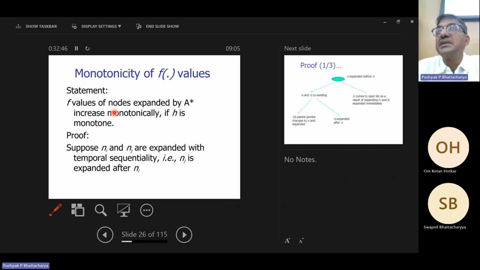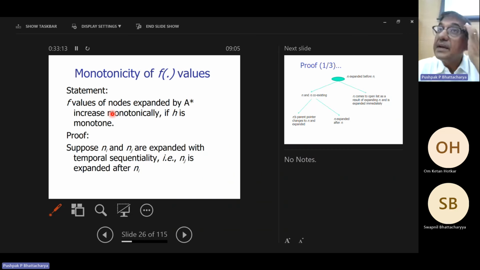I'll send you all the statements which you should verify in the lab. The F-value of any node expanded must be equal to or greater than the F-value of the previously expanded node.